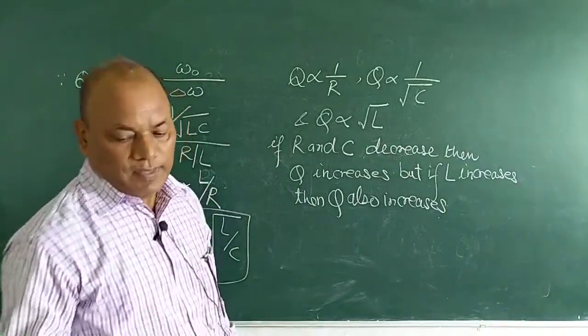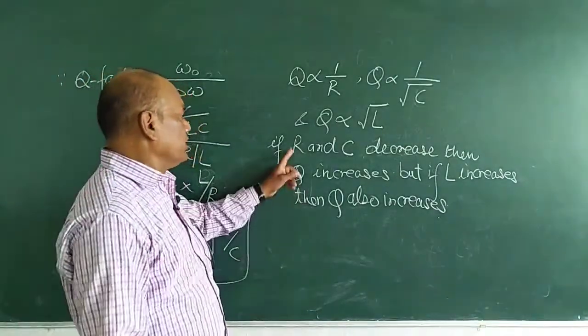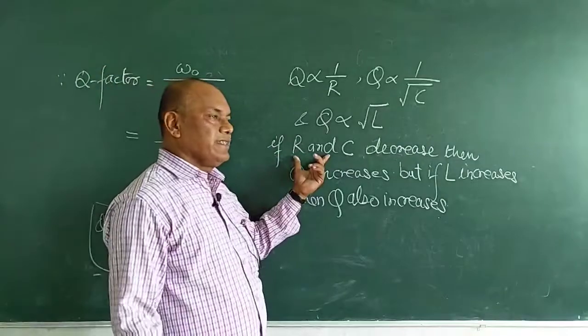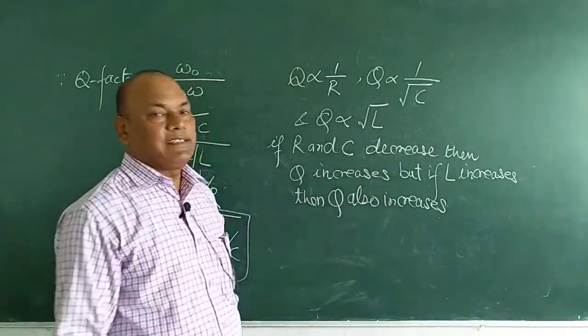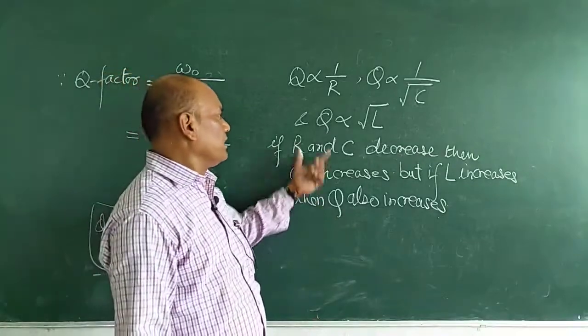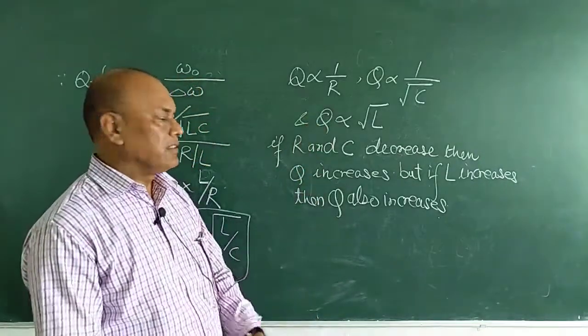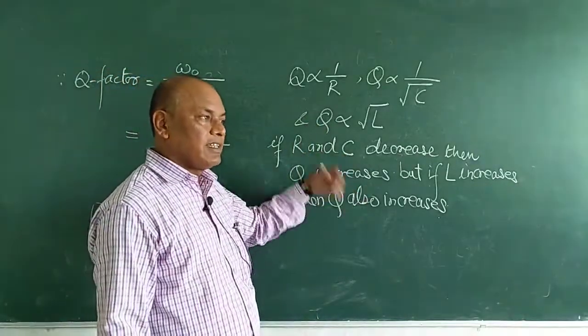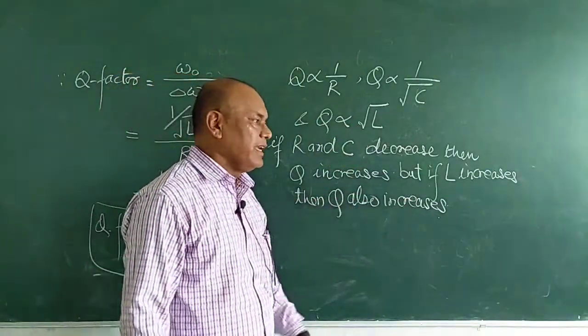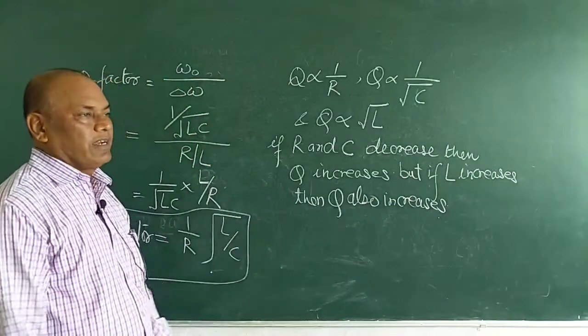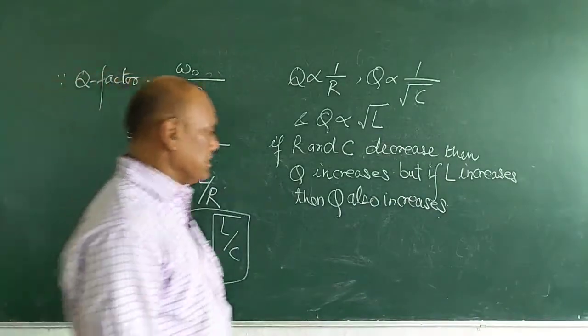This means if we are decreasing the resistance and capacitance of the LCR resonating circuit, then the quality factor increases. But if L increases, then the quality factor also increases.